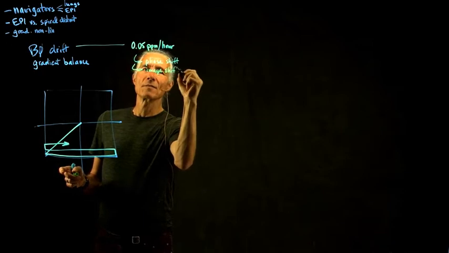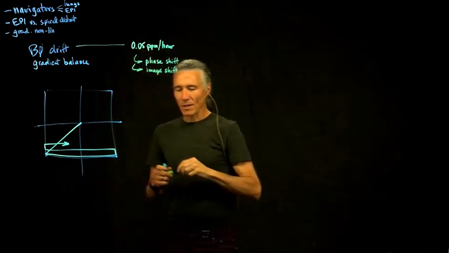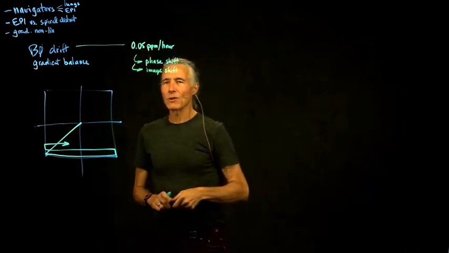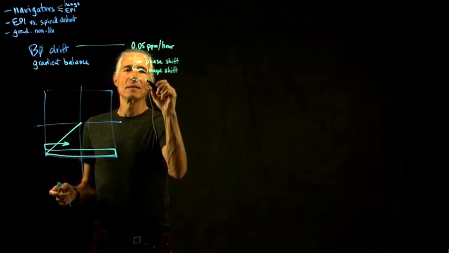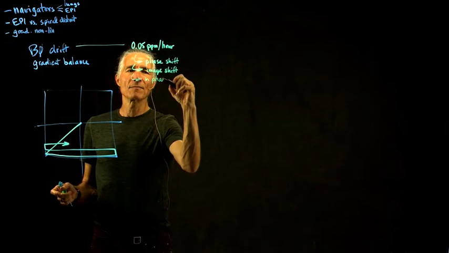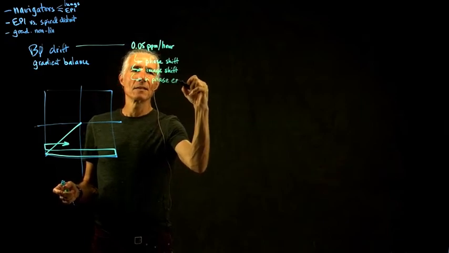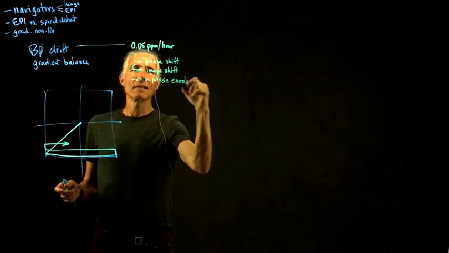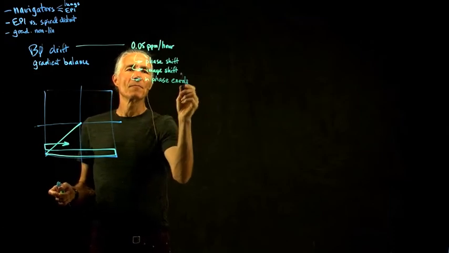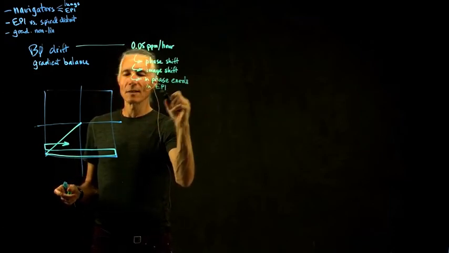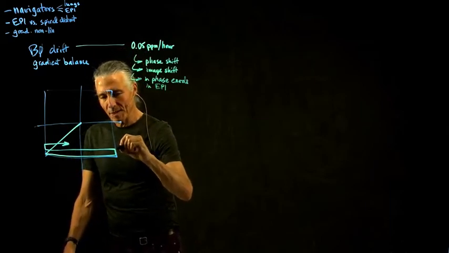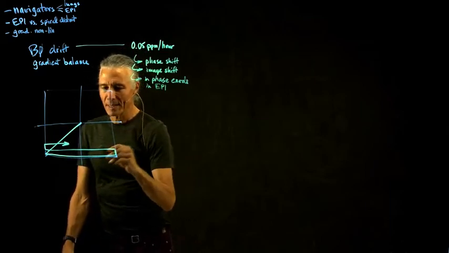And this image shift is virtually always in the phase encode direction. The reason for that is that in the case of EPI, we have these little blips that move us up to the next point in KY.